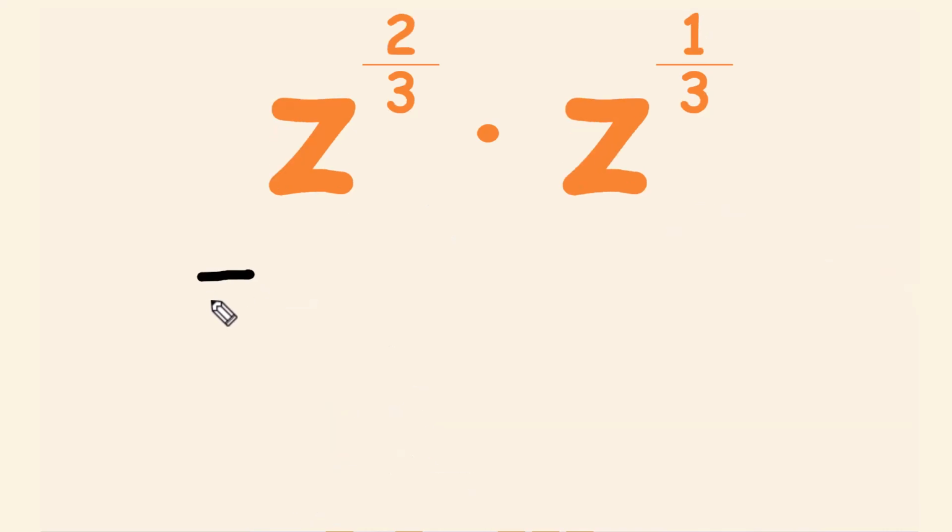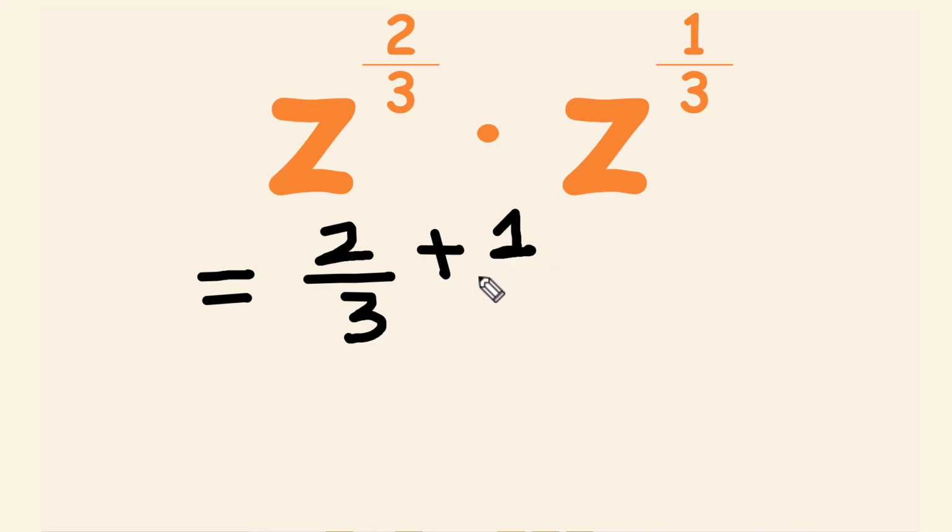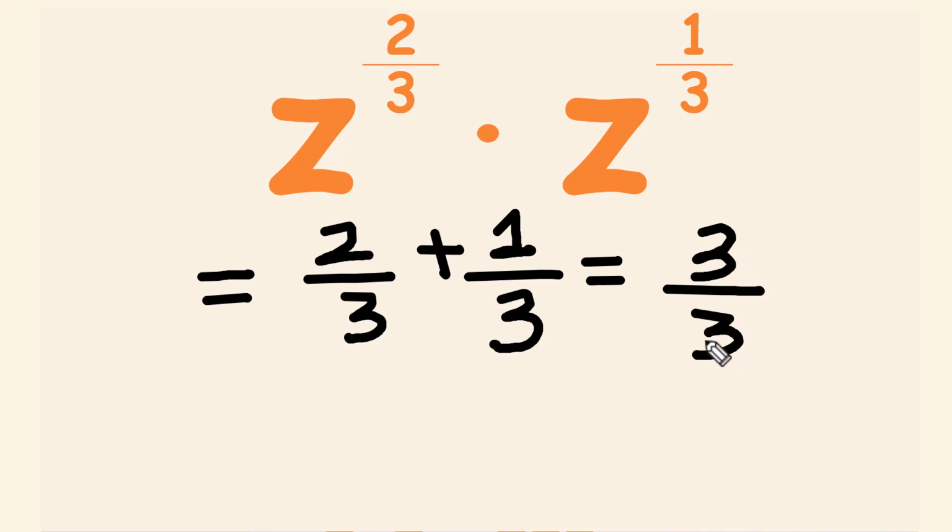Here's a similar example. We're working with exponents, so let's solve the fractions. That's 3. 3 over 3 will be 1. So our final answer is z.